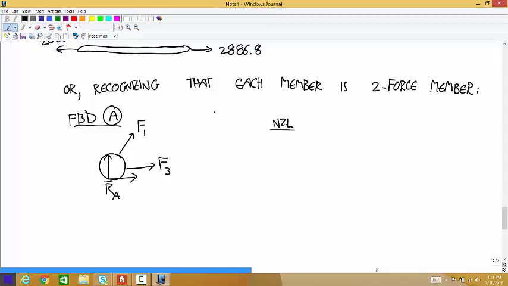Then Newton's second law says F1 times a unit vector in that direction. So that's 0.5 F1, 0.866 F1, plus F3 times a unit vector in that direction. So that's just F3, 0.